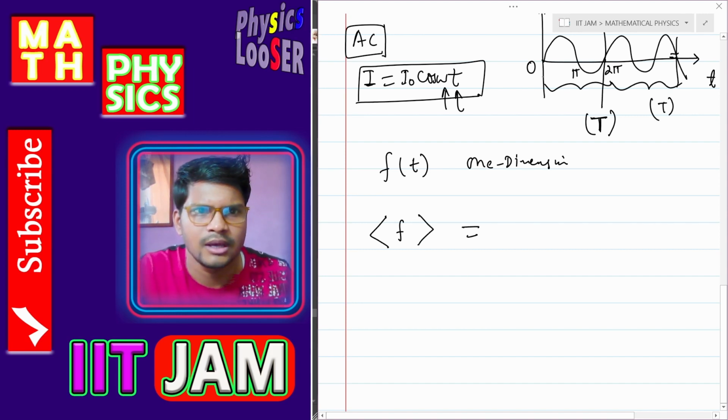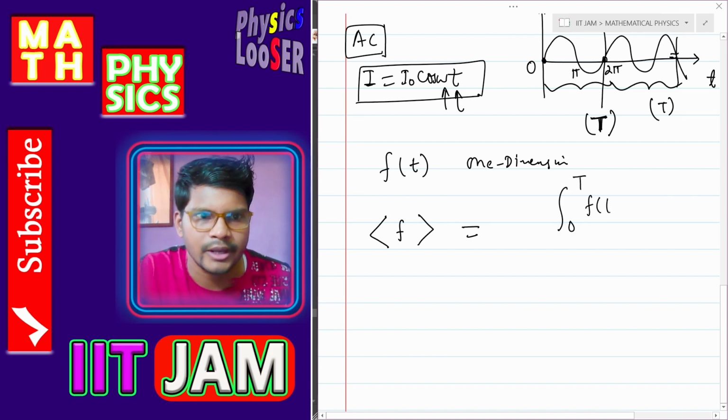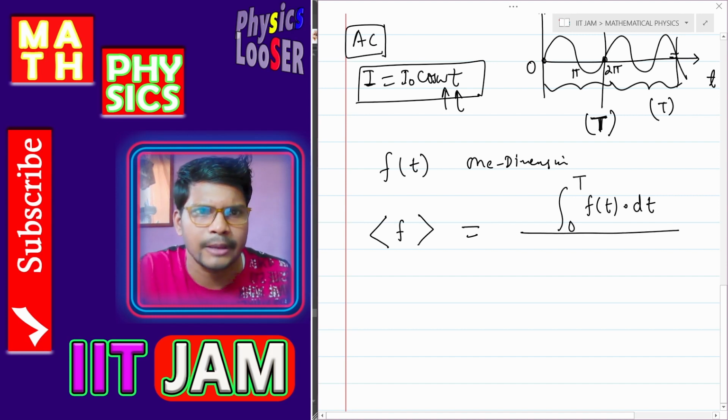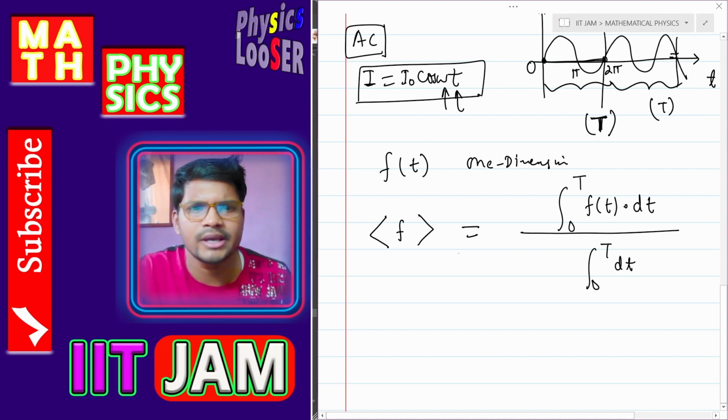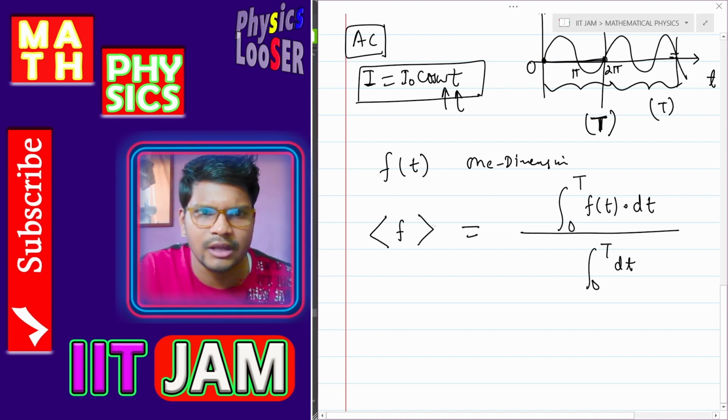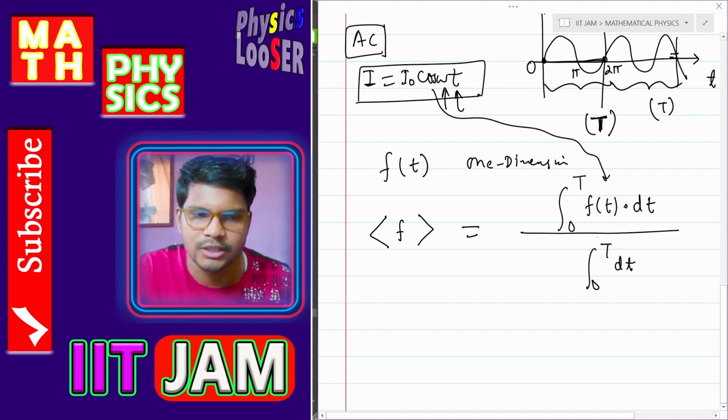This is done by looking at how the function is changes over the particular interval, 0 to T. I'm going to write f of t times dt, divided by the total time period, 0 to T, dt. This is how we can easily find the average of any function over some particular interval. Similarly, you can do it for this one and this one.